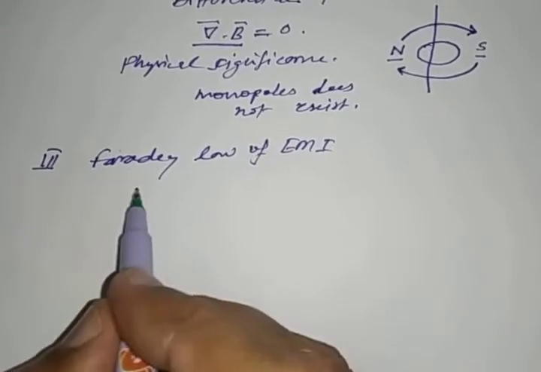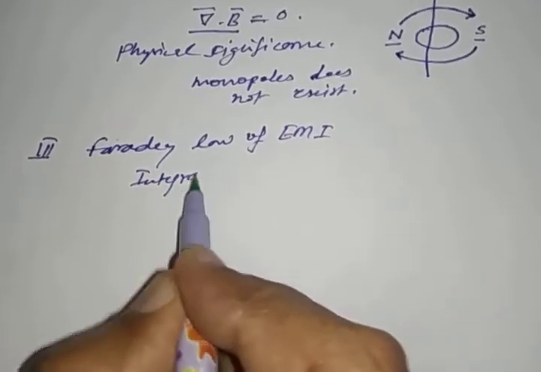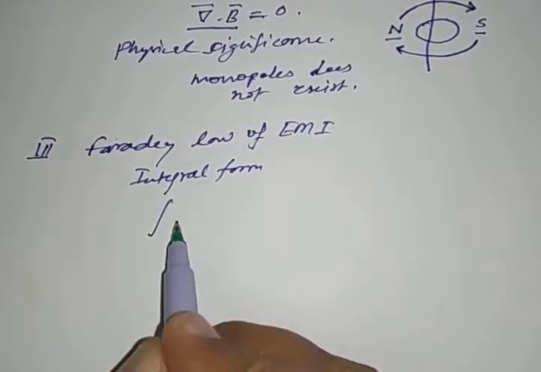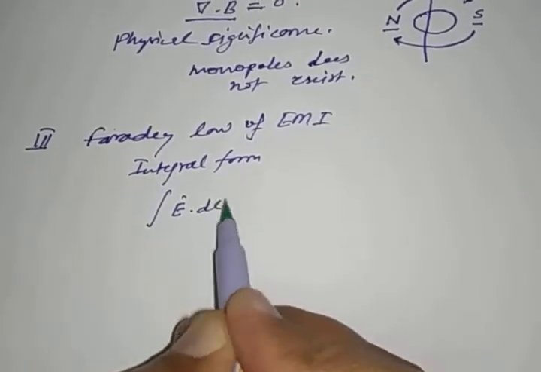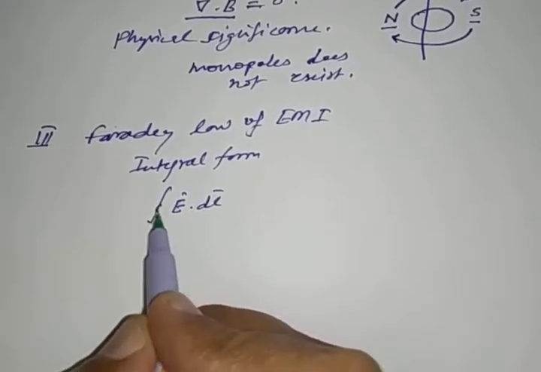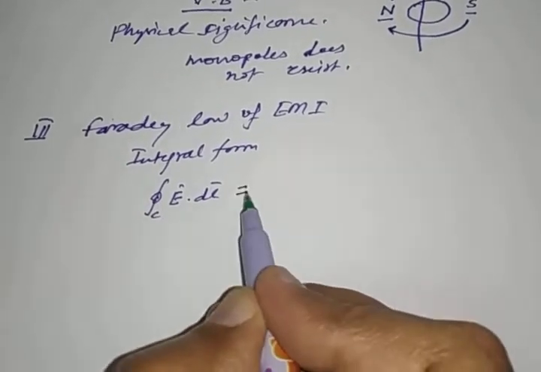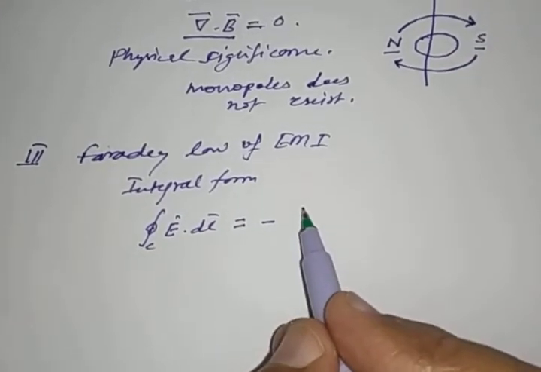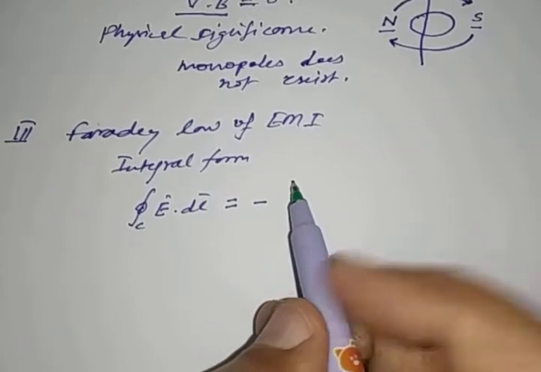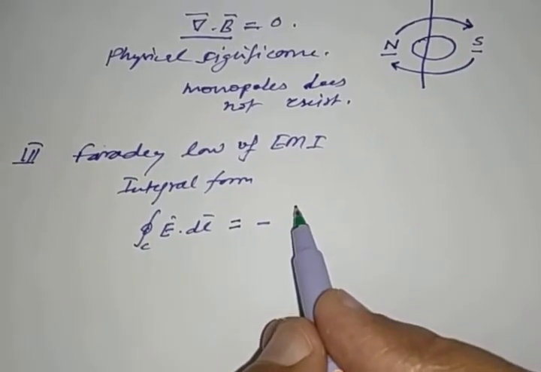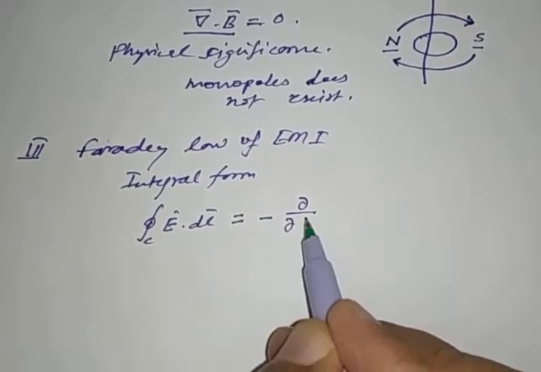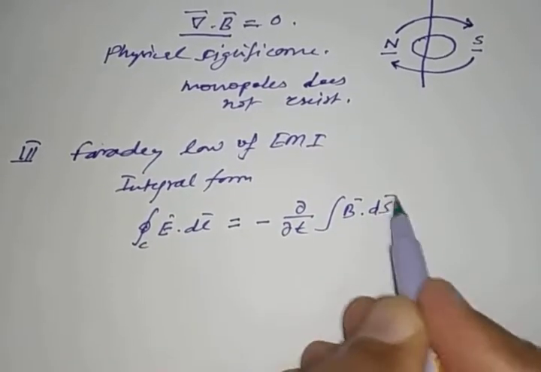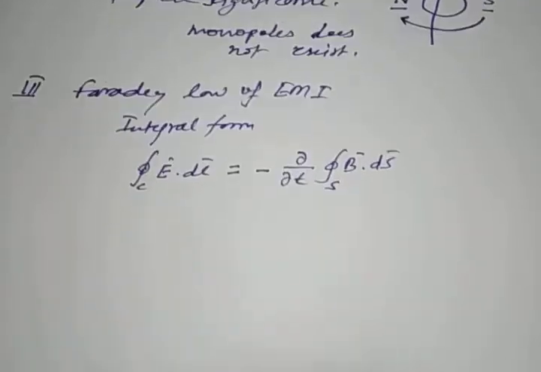It says that the integral form of this law is basically the line integral of electric field around any closed curve is equal to the negative rate of change of magnetic flux, around any closed curve.